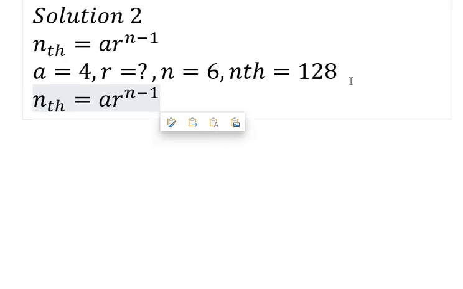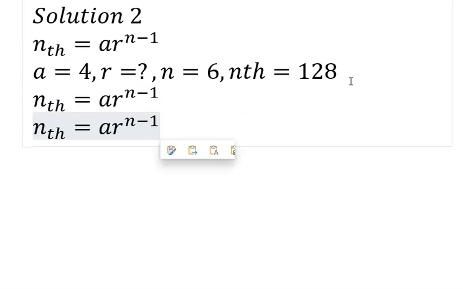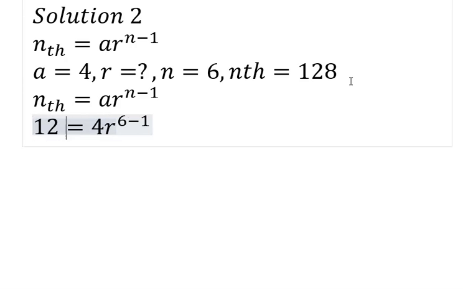This is our formula. We are given n to be 6. So we are not given r, we are given a to be 4. Beautiful. And we are given our nth term to be 128. Beautiful.